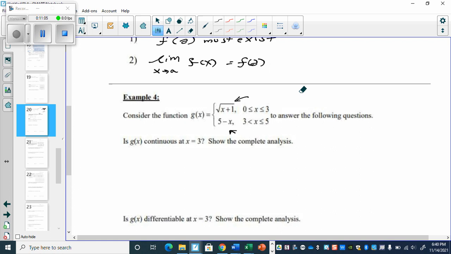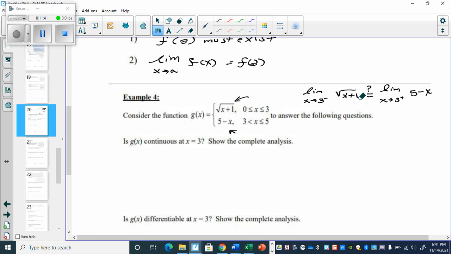And what that'll do is let you know whether it's continuous, or you could get the left-hand limit as x goes to 3 from the left of f of x, and that would be square root of x plus 1. Does it equal the limit as x goes to 3 from the right of 5 minus x?